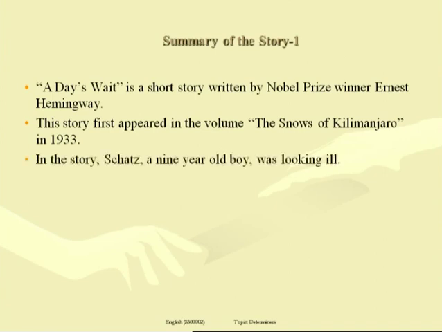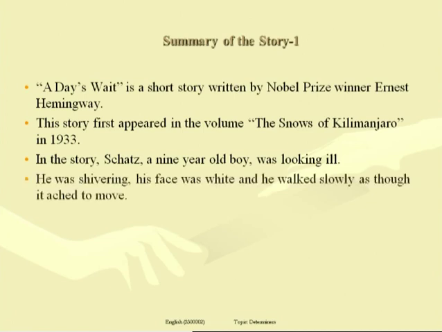In the story, Shaz, a 9-year-old boy, was looking ill. This is the beginning of the story in which the central character Shaz, whose age is just 9 years, is looking ill.